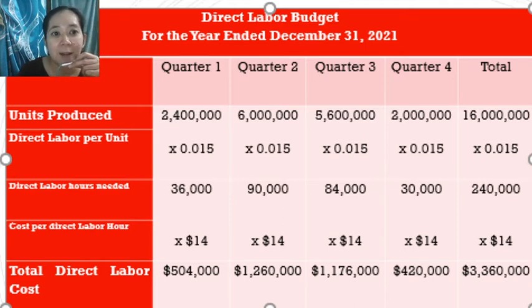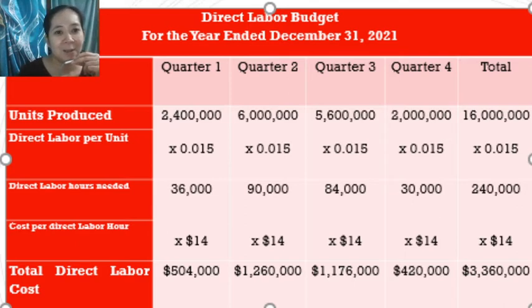After that, we will multiply by the cost per direct labor hour to get the total direct labor cost. So again, in terms of the direct labor budget, we are considering not only the number of labor hours, but we also incorporate the labor cost. That's why our data here will show the total direct labor cost for each quarter and for the period as a whole.